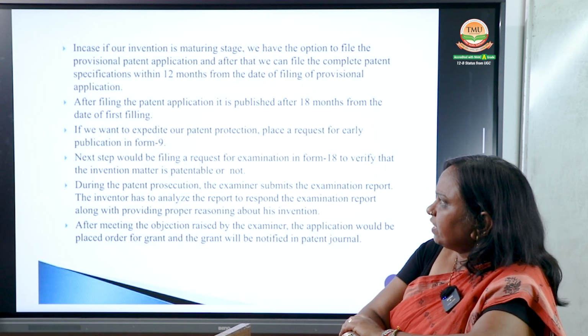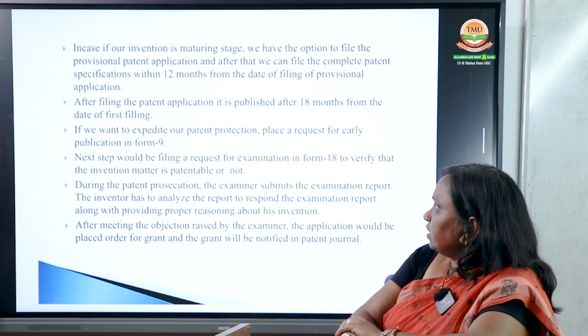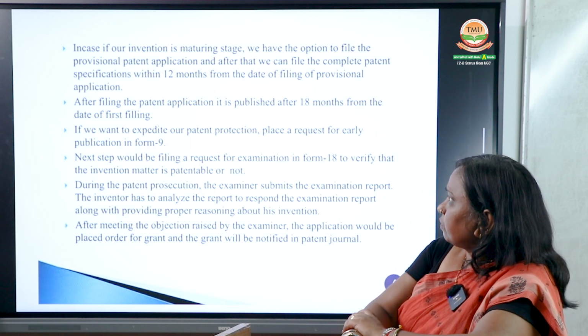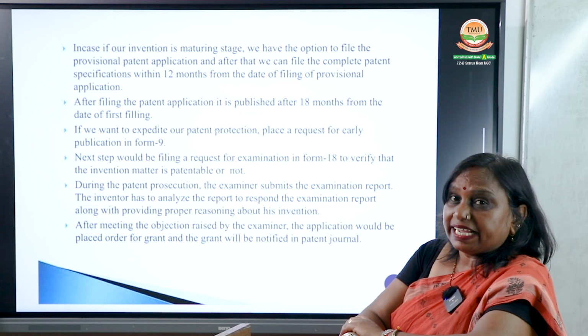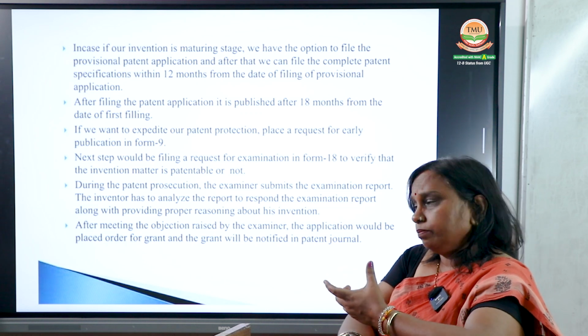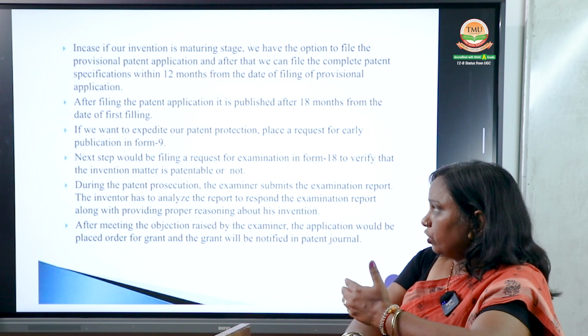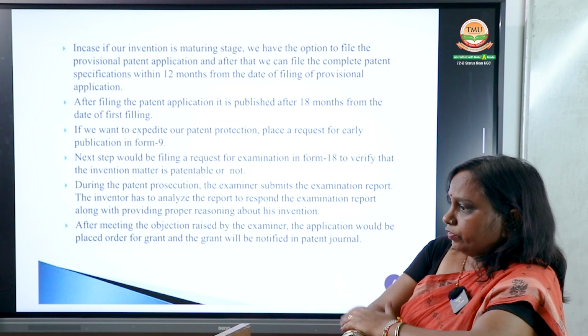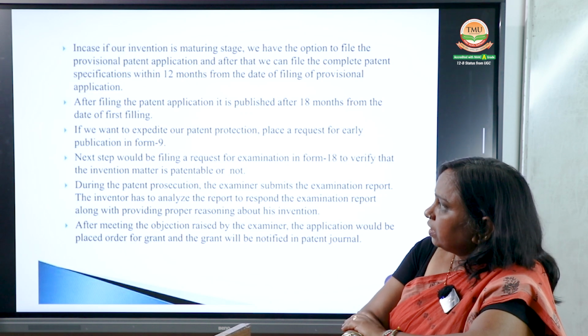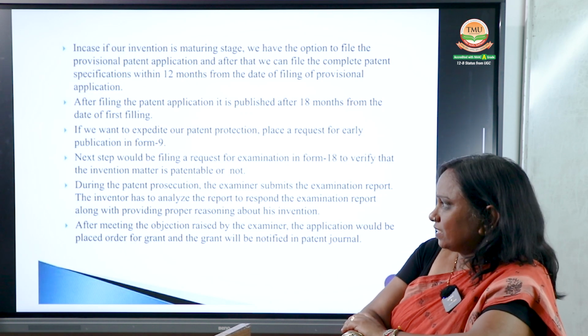If you want to expedite patent protection, then we have to place a request for early publication with the help of form number 9. We have to fill form number 9 if we want our patent to be published within that particular time. The next step is filing the request for examination.